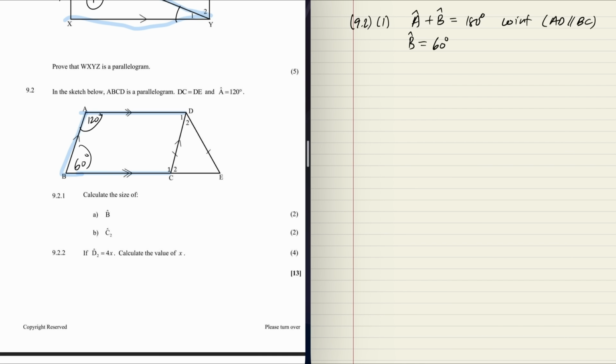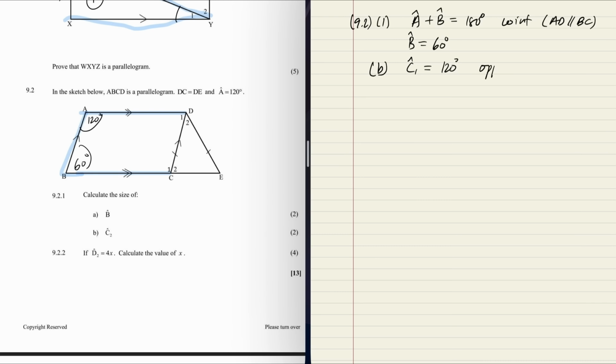Now question 9.2.1b says calculate C2. In order to calculate C2, we can calculate C1 first. So C1 is going to equal 120 degrees, and that's because the opposite angles in a parallelogram are equal.